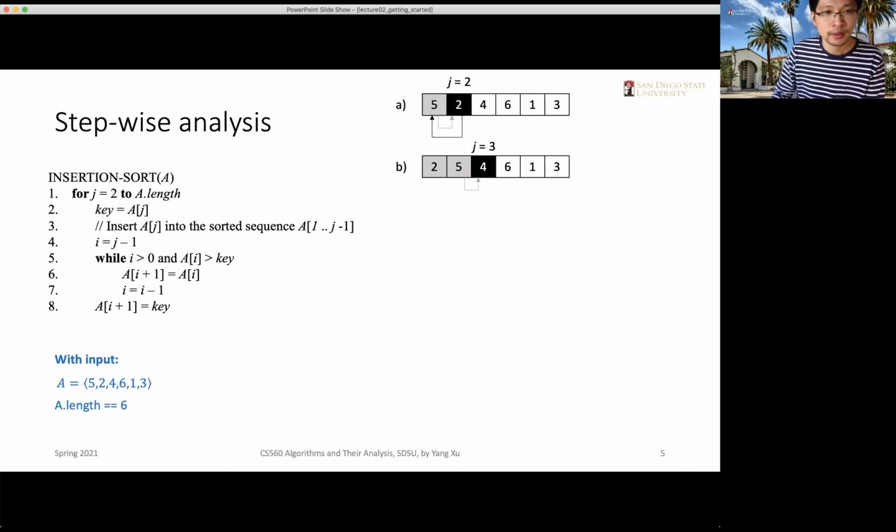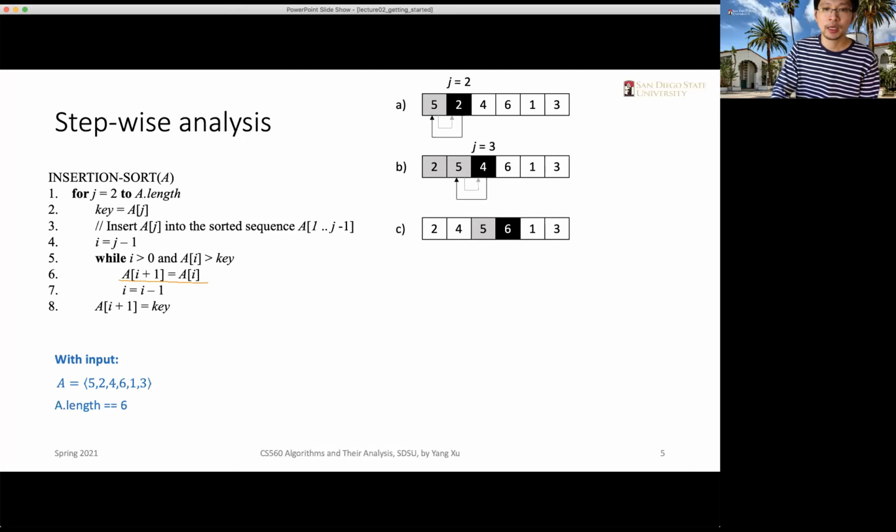So line 6 will be executed again, and this 5 will be moved one grid to the right, and the key will be copied to the second position. That's the second iteration done.